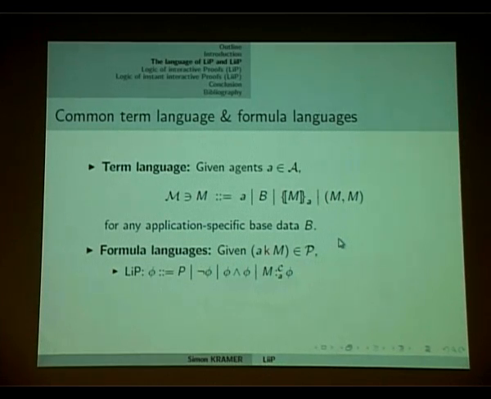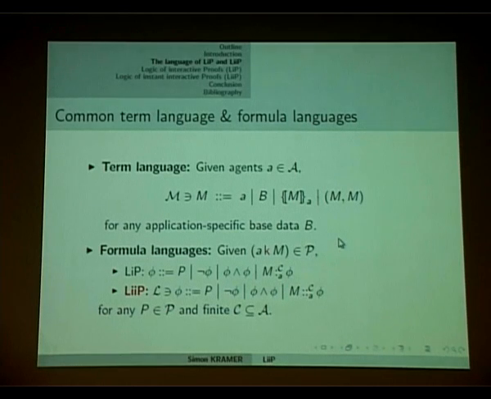This is the existing logic. The logic I'm talking about in this talk has almost the same syntax. I mean, it's isomorphic, but I use this operator here, right? The difference to the previous one is the following. This reads that M can prove that phi is true to agent A, right?